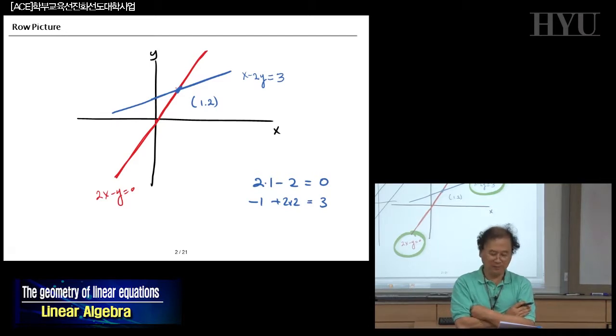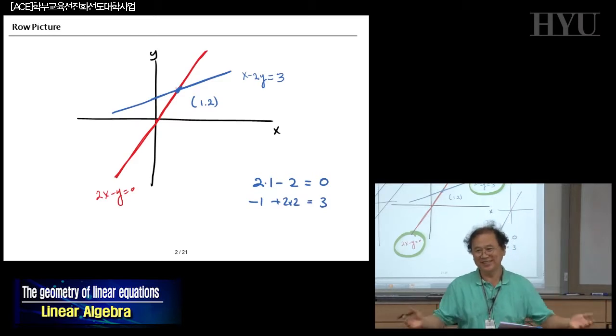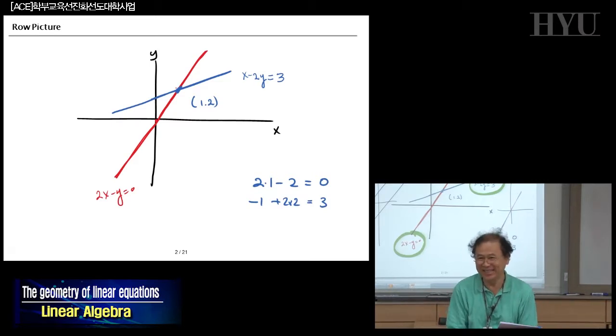Then how about if both equations correspond to the same line? You may say, okay, this is one line, and the other line is exactly the same. They love each other, man. Right? They just got married, right?